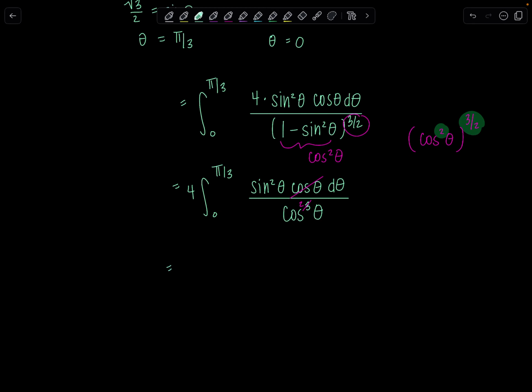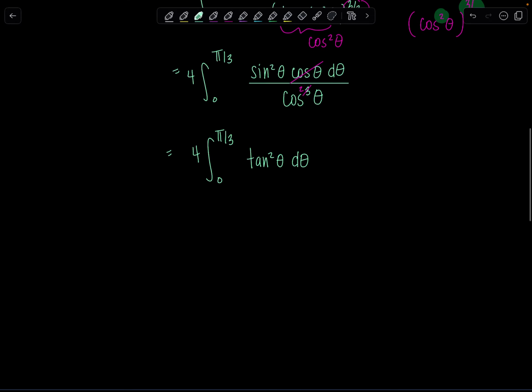So here we have now 4 times the integral from 0 to pi over 3 of sine squared theta over cosine squared theta, that's tangent squared theta, d theta. Do we know the antiderivative of tangent squared theta? Not right off the bat, but I can use a Pythagorean identity and rewrite tangent squared theta as exactly secant squared theta minus 1.